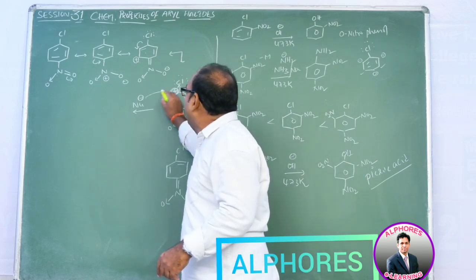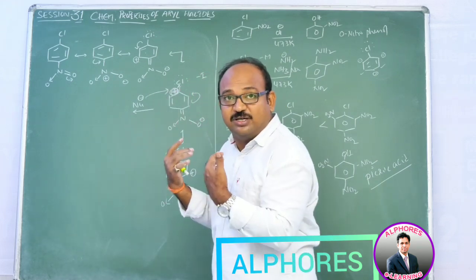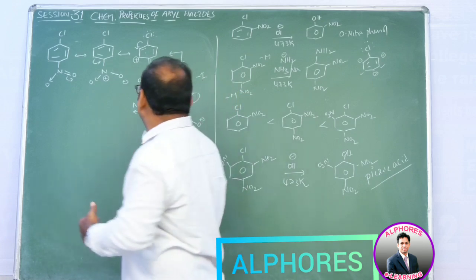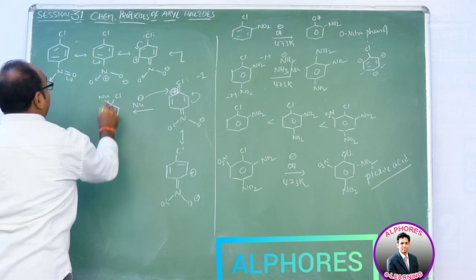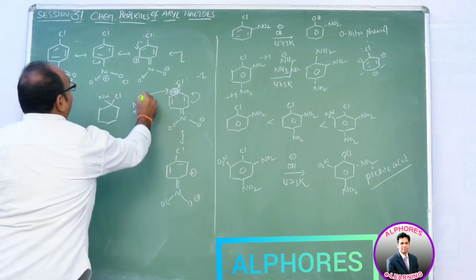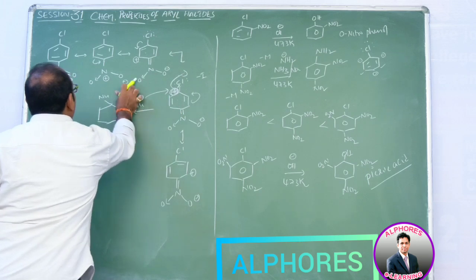Obviously this nucleophile will be strongly attracted towards that positive charge. In such a case, what are we getting here? Cl and a nucleophile, and this nucleophile approaches. Now whenever this nucleophile approaches, the Cl has to leave.